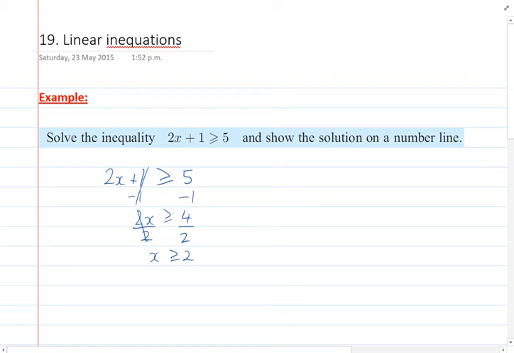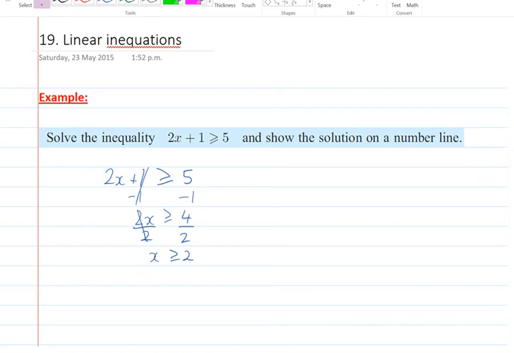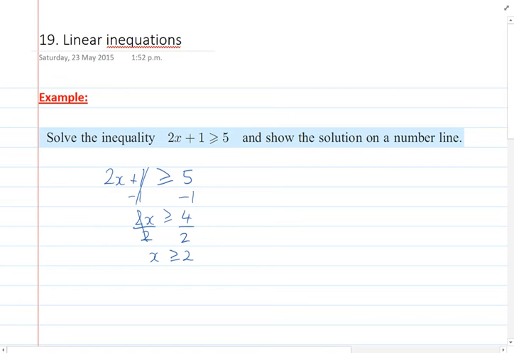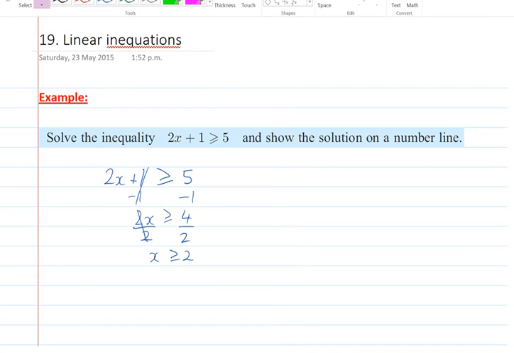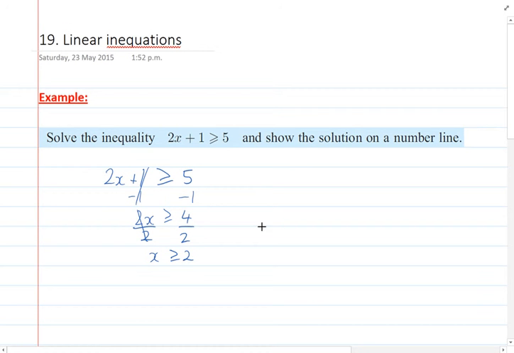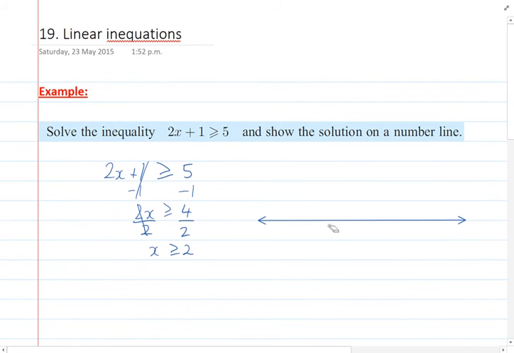Now it says show the solution on a number line, so let's draw out a line. Here's our line.